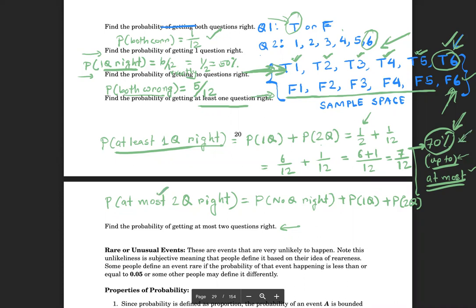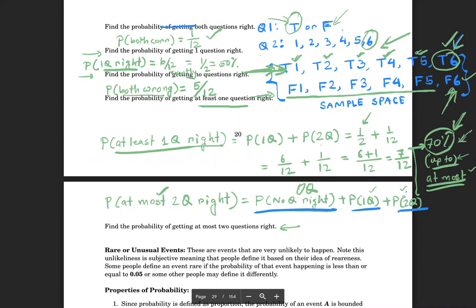At most 2 questions right. You can have 2 questions right, 1 question right, or 0 questions right, which is no questions right. If you're taking a quiz of 2 questions, that's all that could happen. Nothing else could happen. These are all the possible outcomes.